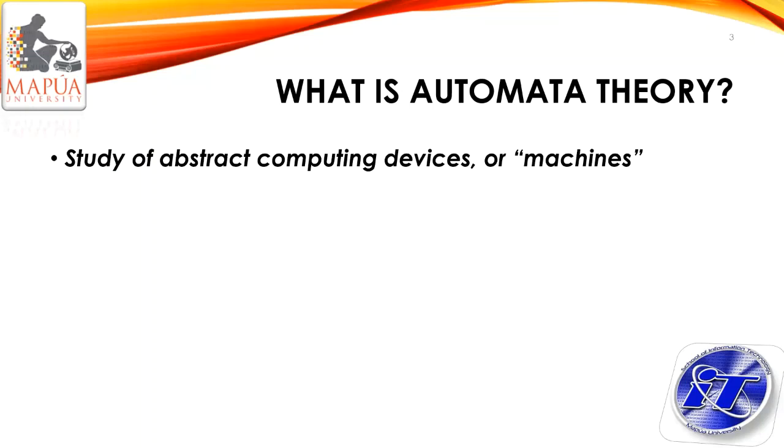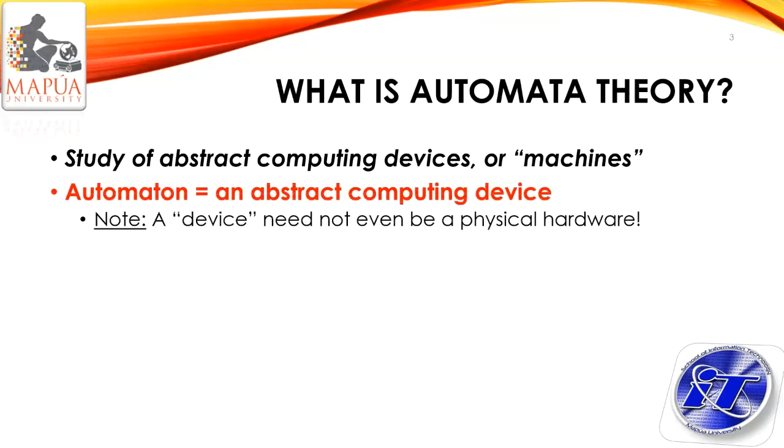So basically, we have a theoretical computing device that processes our problems or our inputs. This abstract computing device, we call it automaton. And again, device doesn't mean that we have a physical hardware. It could be a design that is written on paper.